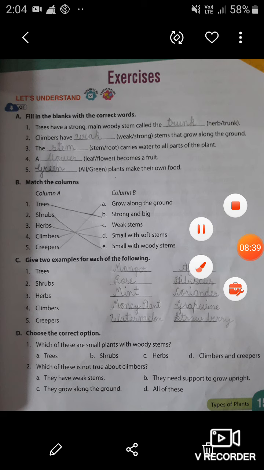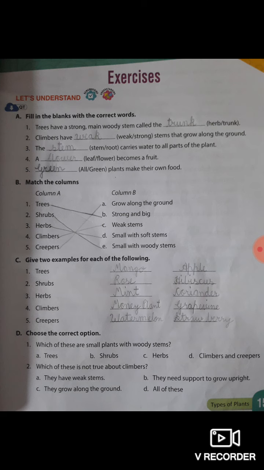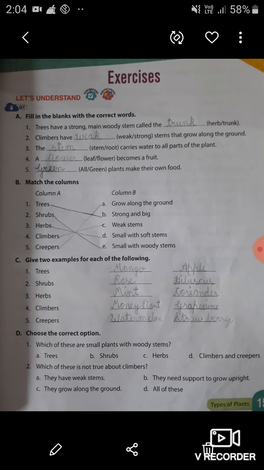Now let's come to question number C, that is give two examples for each of the following. So first one is trees. So you know very well the examples of trees, that is mango, apple, banyan, neem, etc. So here you have to write mango, apple or any two trees' names.